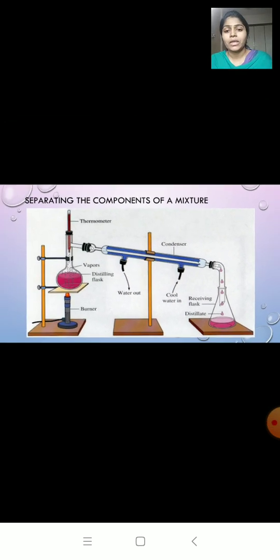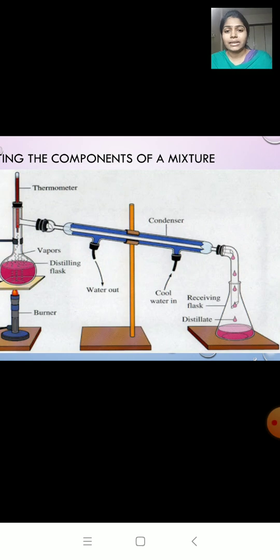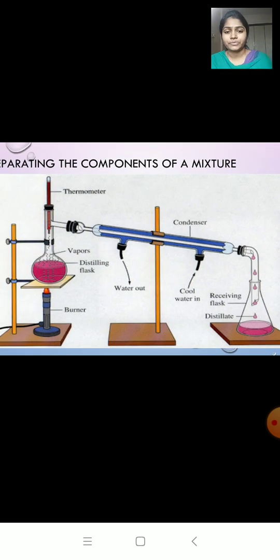Okay, so let us start. Let us see how this distillation works. So what we will do, we will take a mixture of acetone and water in this round bottom flask or distillation flask, and start heating the flask.